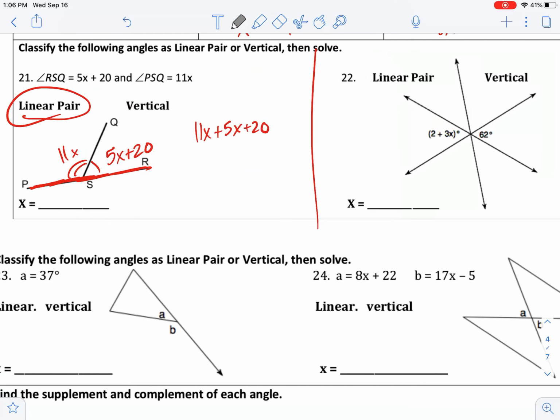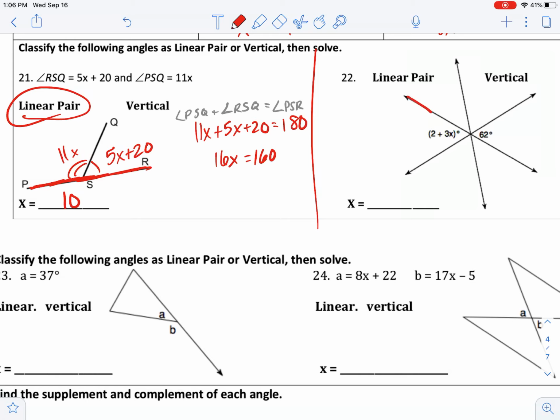I could write out PSQ plus angle RSQ would get me angle PSR. And I know that whole angle is 180. So I got 16x is 160, or x is 10.